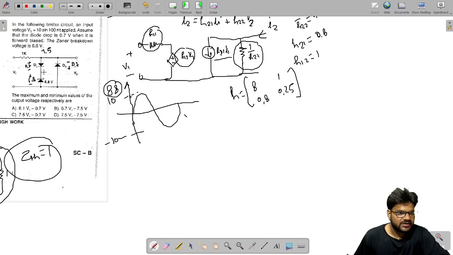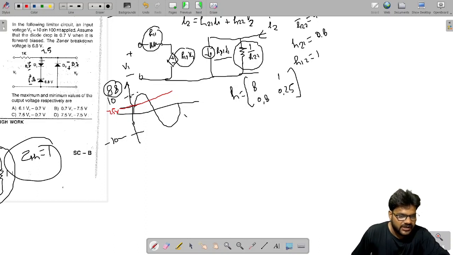Now let us understand. Let us make all the diodes off, so no current will be coming, and then voltage Vi will be coming here. If Vi is greater than 7.5 volt, then what will happen?